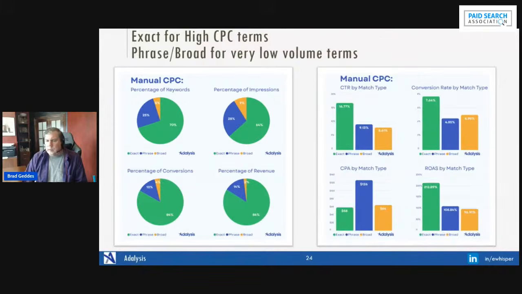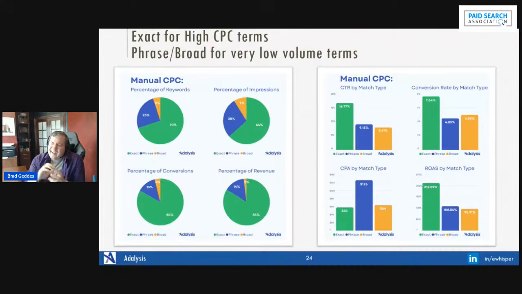Now, when I looked at the stats, I was a little blown away and cautious here because, all right, exact match best click-through rate. We'd expect that. Exact match best conversion rate, exact match lowest CPA. Okay, that all makes sense. The CPA of phrase match is concerning.